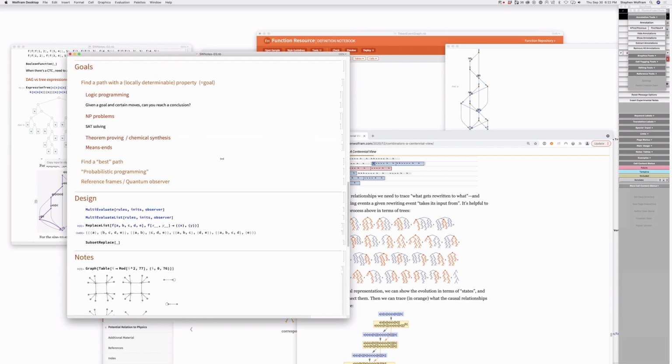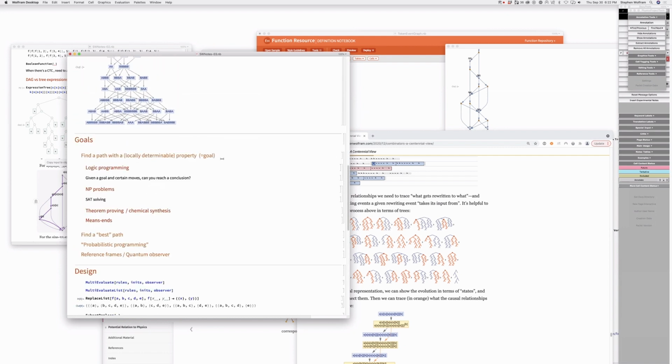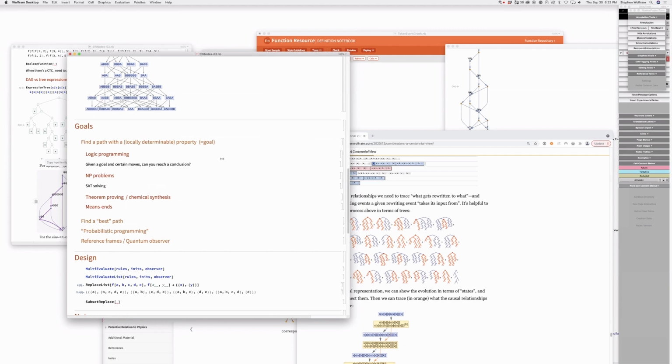In fact, I know that one designer of microprocessor architectures used our language long ago to do essentially symbolic transformations on sequences of instructions, using exactly that kind of idea.